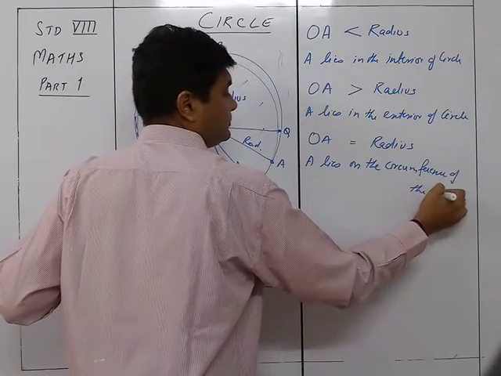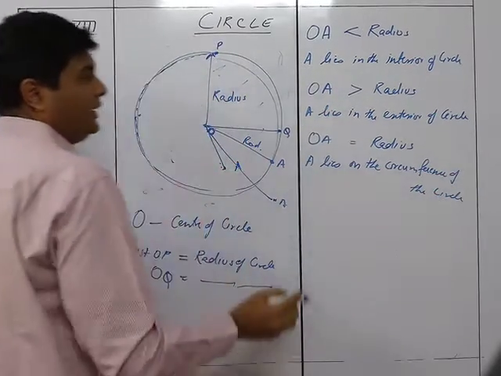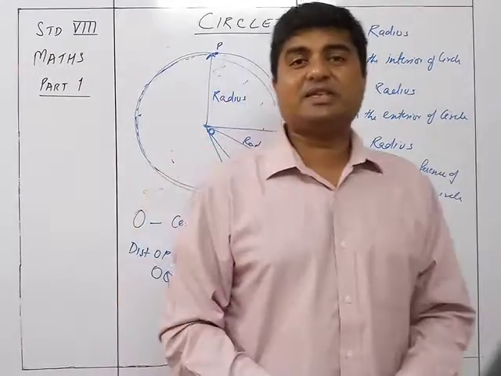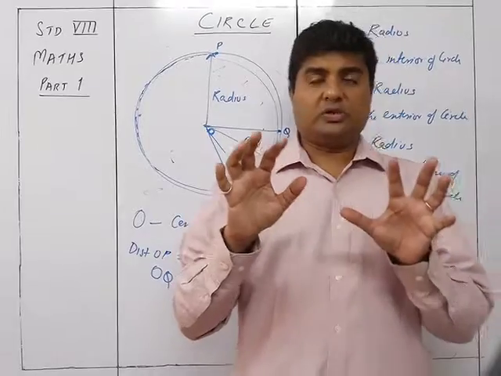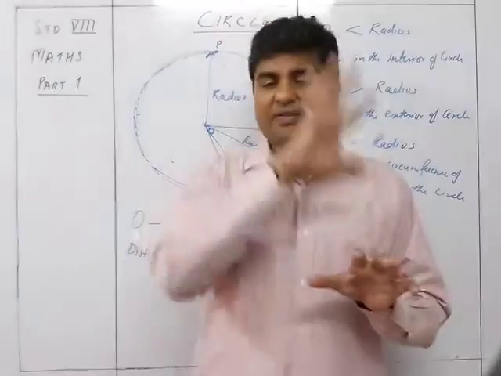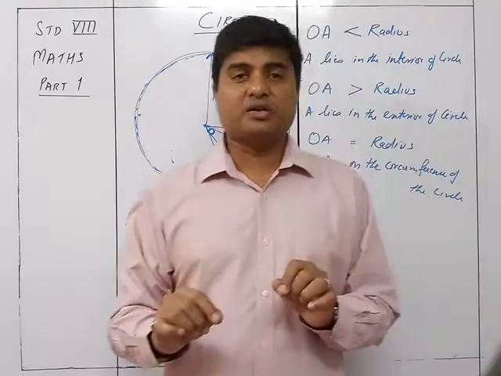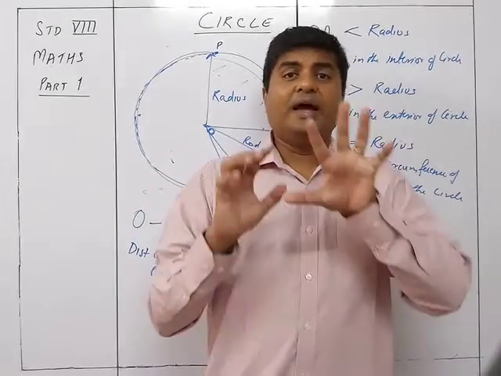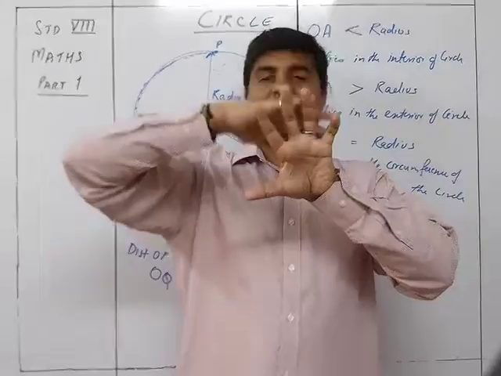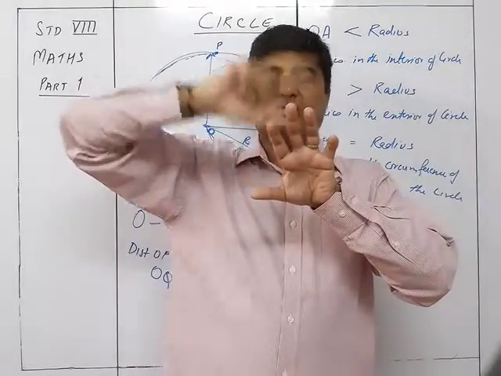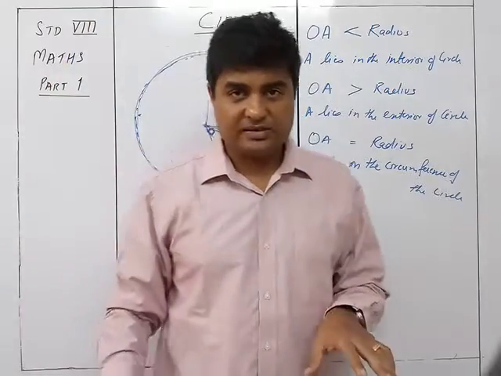So a circle divides the region into two parts. One is the interior of the circle, where the distance between a point and the center of the circle is less than the radius. The other is the outside, the exterior part, where the point is at a distance more than the radius.